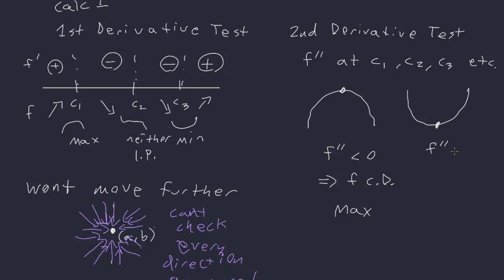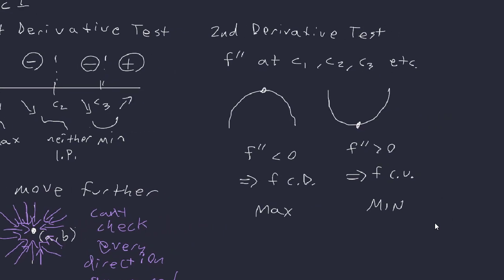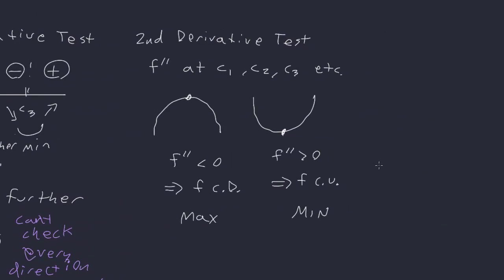And if f double prime was positive at the critical point, that would mean f was concave up, which would mean we had a minimum. Now this was great, except it doesn't always work, because if f double prime is 0, then it's inconclusive.